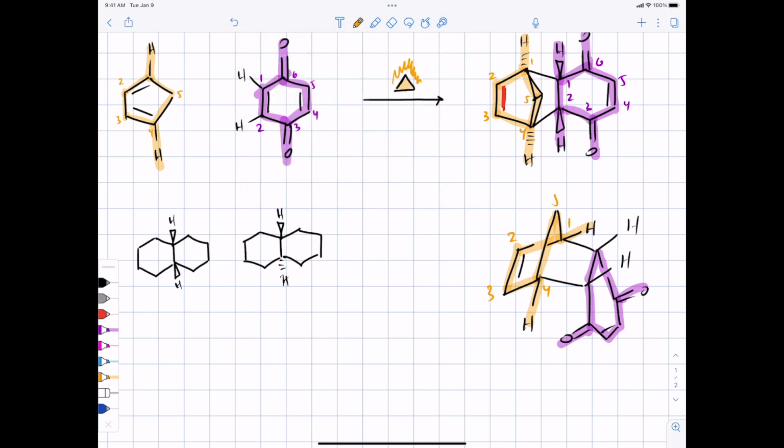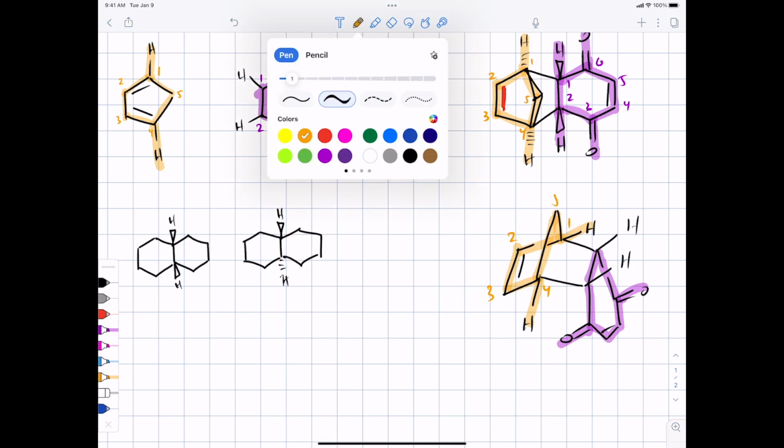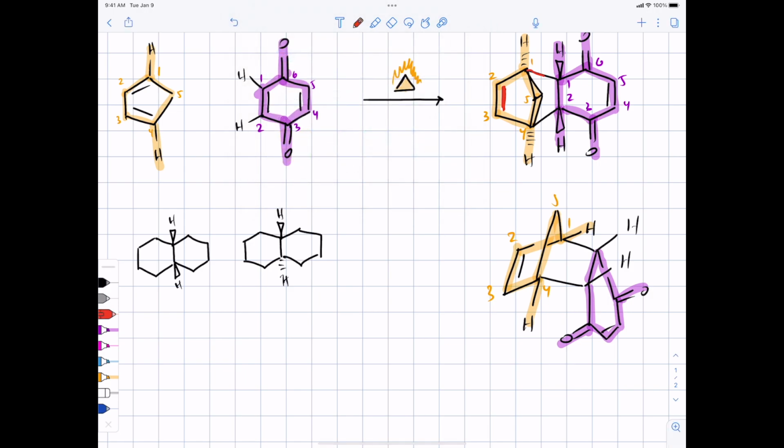The sigma bond between orange 1 and purple 1 was not there in the starting materials. And the sigma bond between purple 2 and orange 4 was also not there in the starting material.